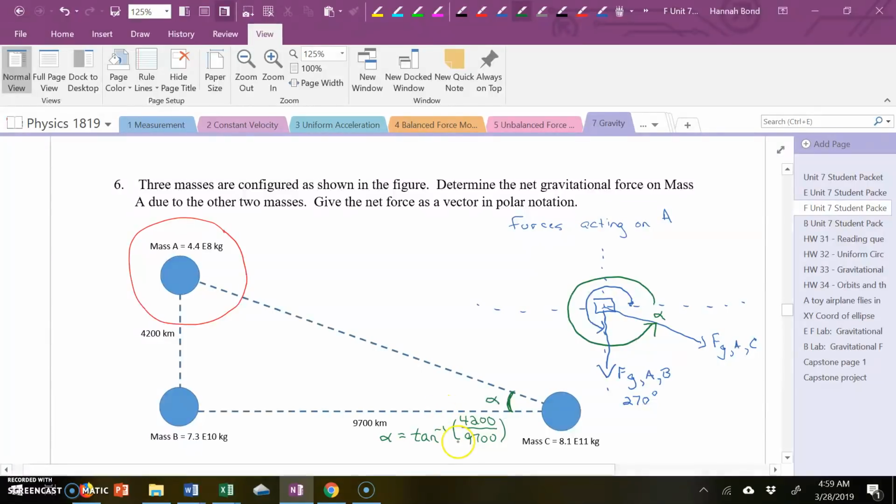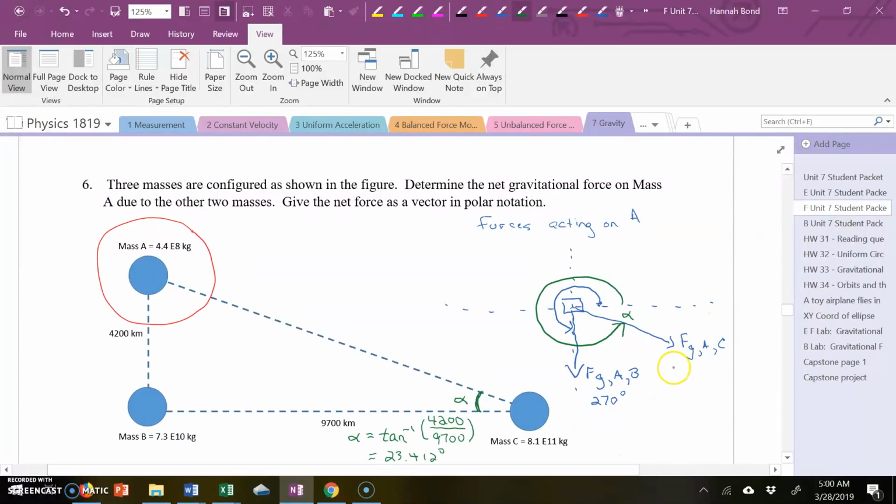Okay, and so I get that alpha is an angle of 23.412 degrees. That must mean that the direction of FG on A by C is 360 minus that 23.412, which is an angle of 336.6 degrees. Okay.